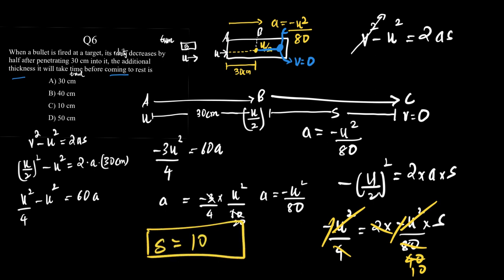You may think, why did I not change the unit from centimeter to meter? Because all the options were in centimeter, so that is why I used only centimeter here. So the answer here is 10 centimeter, which means the correct option is option C.